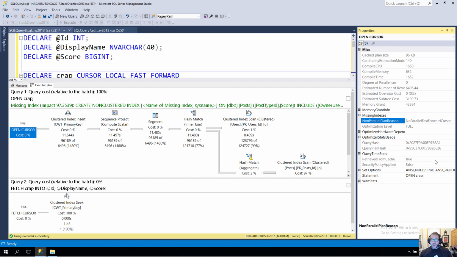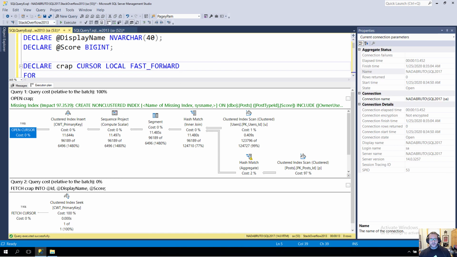And you might have a big honkin' crazy query that drives the initial result set of the cursor you're going to use. And you might not have too many options for tuning that. This is one thing where changing the cursor option can help you a little bit. So this query takes 11.5 seconds when it runs serially with the local and fast forward options assigned to the cursor.